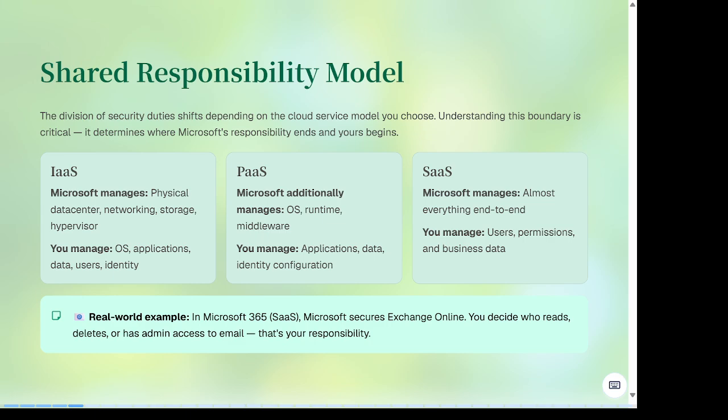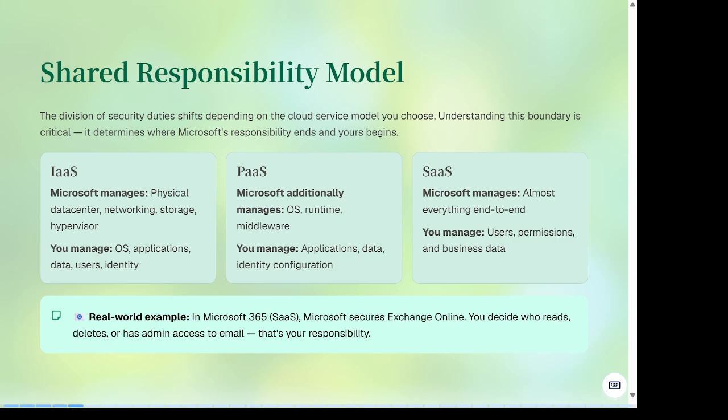Here the best example is Microsoft 365. Microsoft manages the Exchange Online servers, applies security updates, performs backups, ensures high availability, and protects the infrastructure. But suppose your company wants only managers to access confidential emails or wants to restrict who can delete messages.